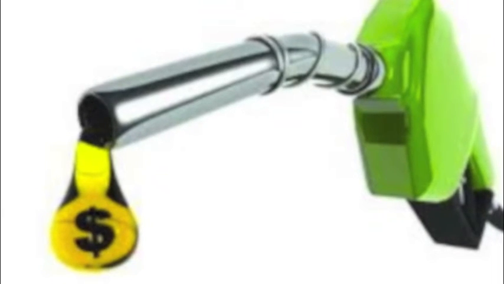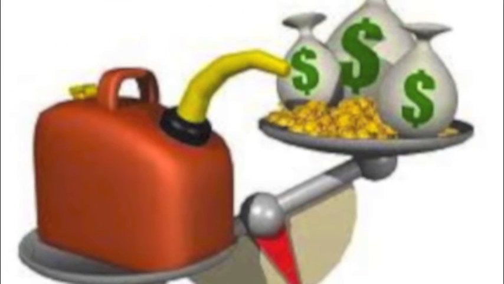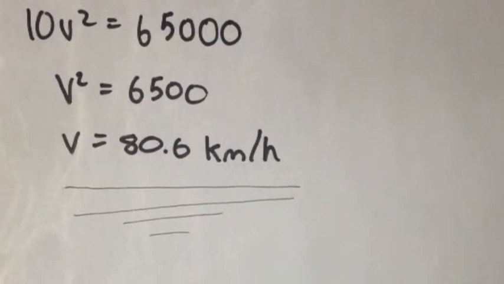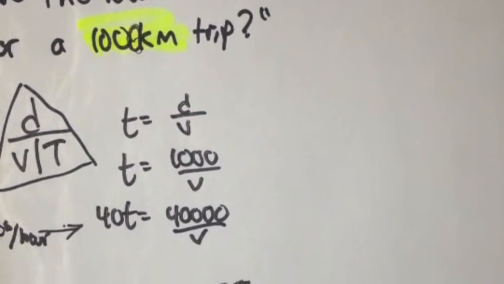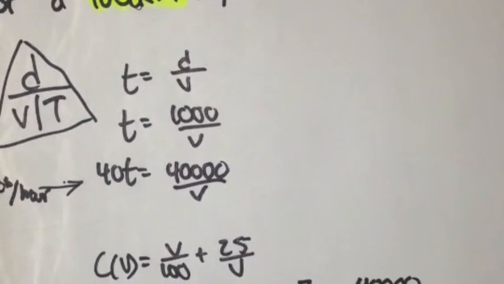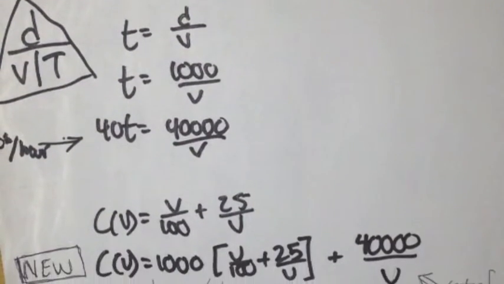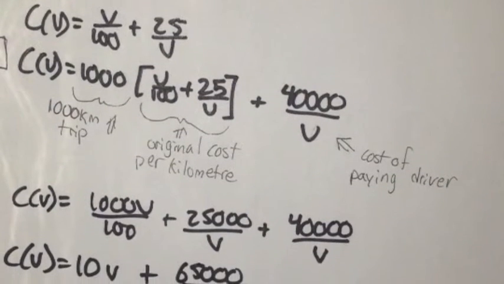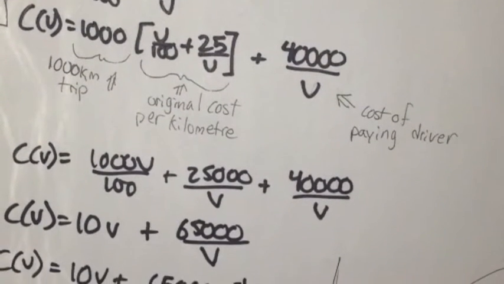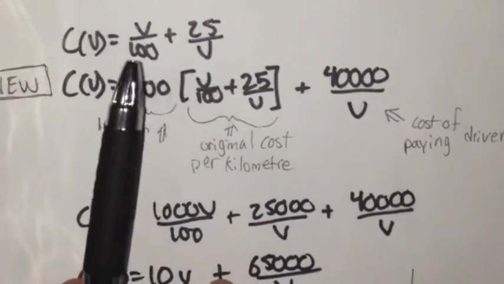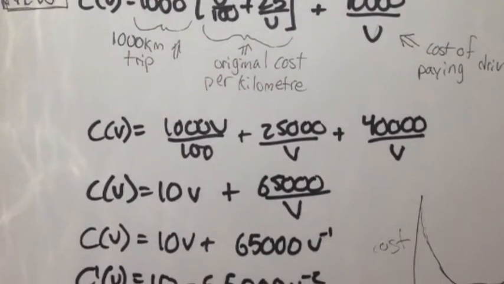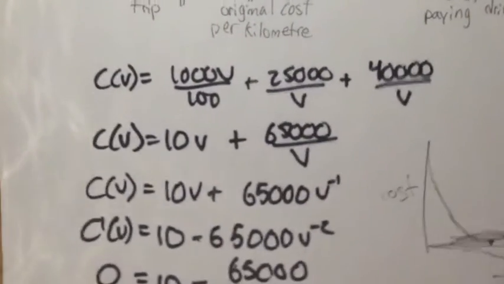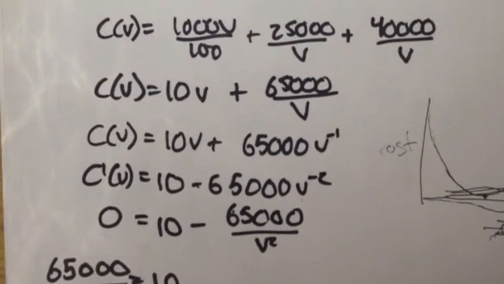So with the cost of driving the truck, so fuel, and paying the driver, it would be different numbers, but you would set up a similar equation to this, including whatever your distance of trip was and whatever your driver gets paid, to find the point which is going to give you the lowest cost with all these factors included. And that'll help you save money, that'll help profits go up, that'll help your business be run better and more effectively, which is why this is important to know.